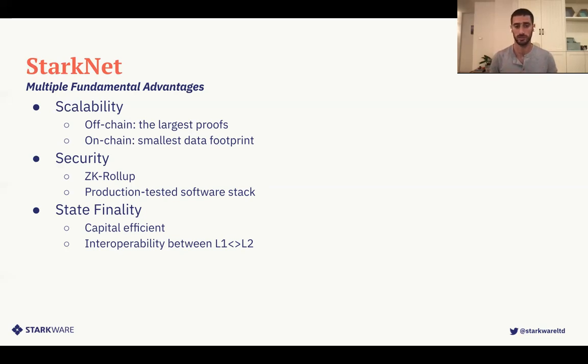Second of all is the security. I think there's no argument that ZK rollup is inherently more secure than optimistic rollup. So this is the first thing. And the second point, which I think is no less important, is that our technology stack is production tested.